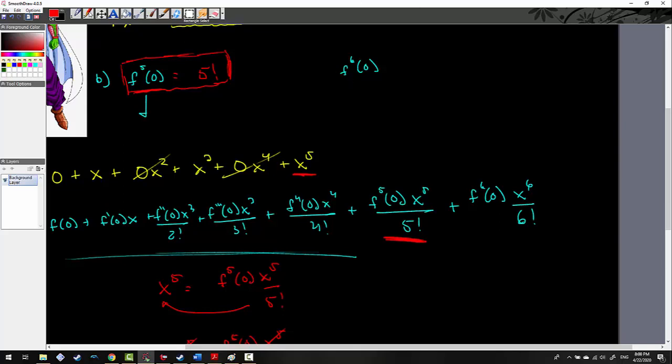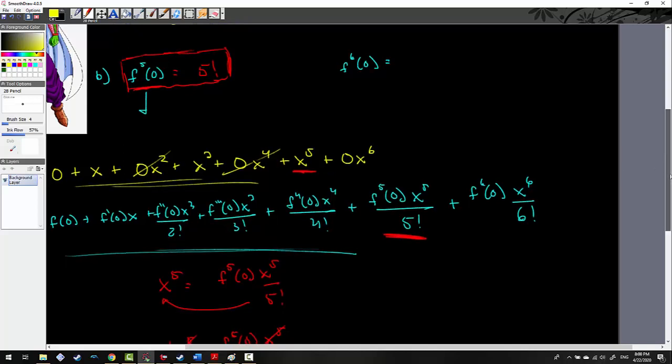Now at this point, I'm going to take on the sixth derivative term. Based on the pattern that I'm seeing in the yellow here, every even power seems to have a 0 attached to it, so 0 x to the sixth.